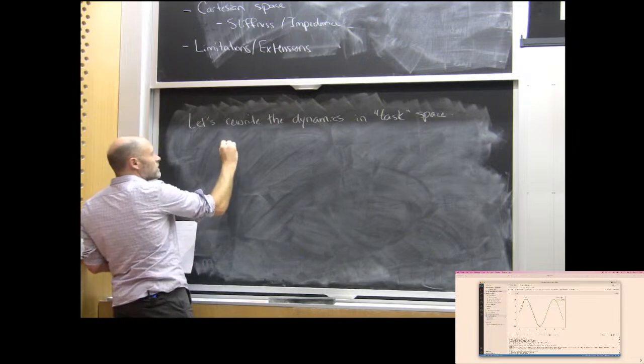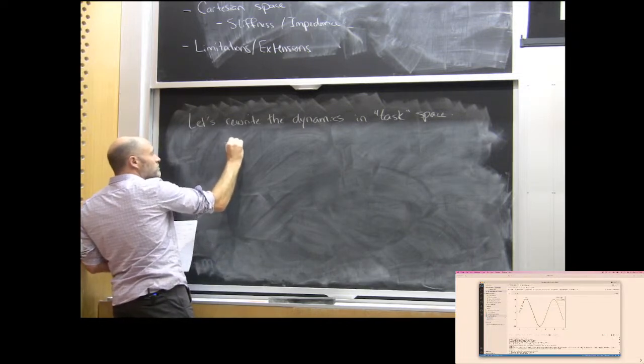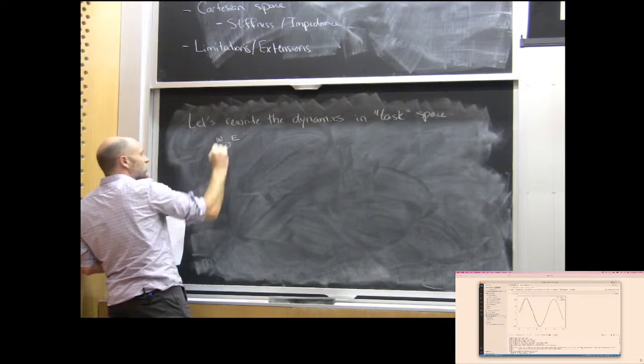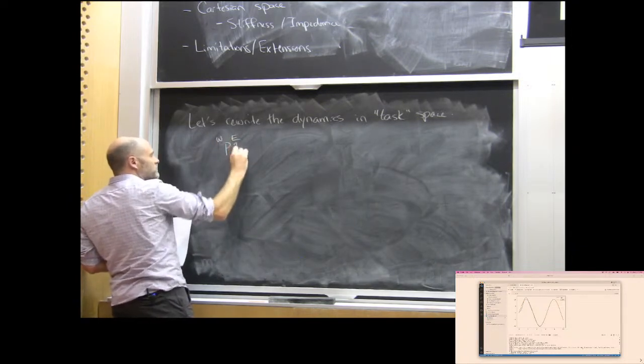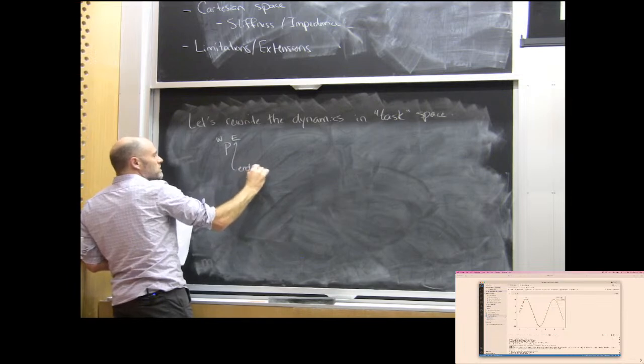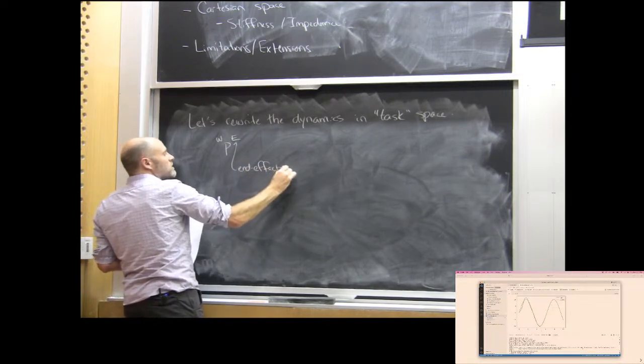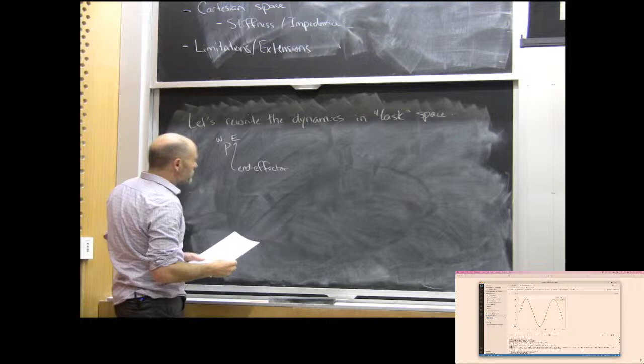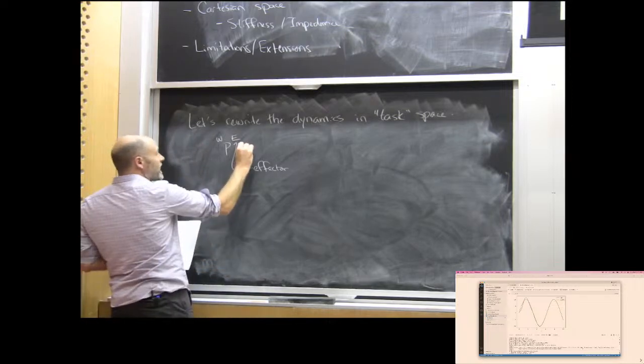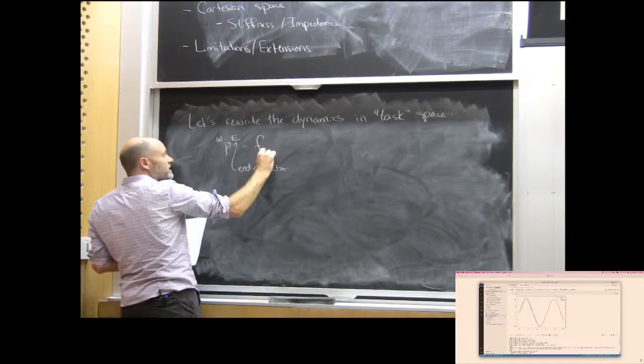Okay, so now my location of my finger, I'll call it an end effector more generally here. So this will be my end effector frame. We know that that is related to Q by the kinematics.